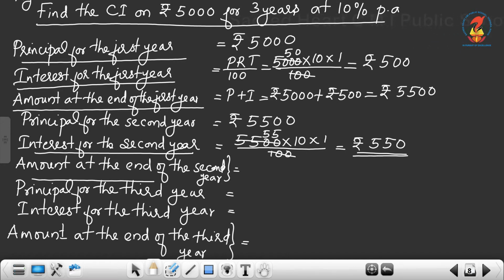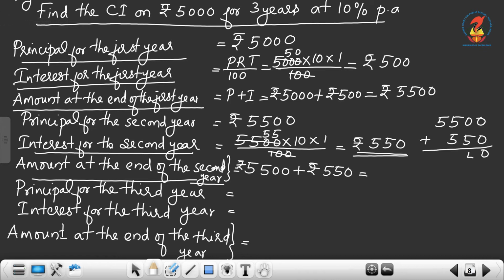Then the amount at the end of the second year is the principal 5,500 plus rupees 550, so we will get 6,050 as the amount at the end of the second year.